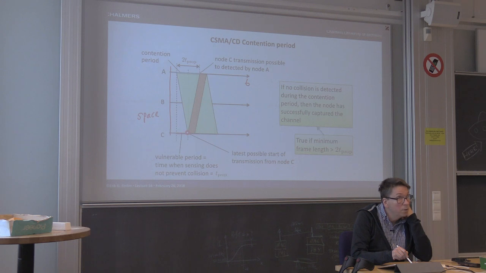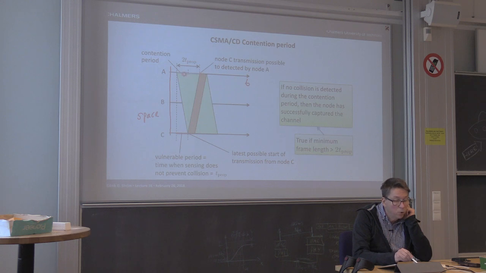And this collision needs to be detected. It's easy for C to detect the collision here, because it was the last node to go in. But we also need A to know that a collision has occurred. Therefore, A needs to keep on transmitting until the time that another frame can come in here, and that time is twice the propagation time.